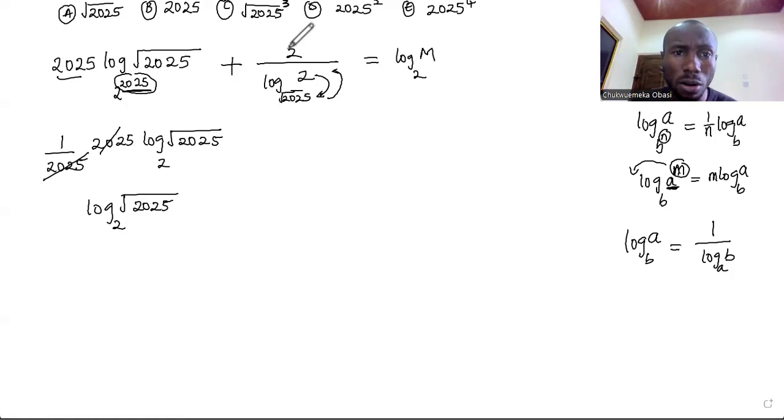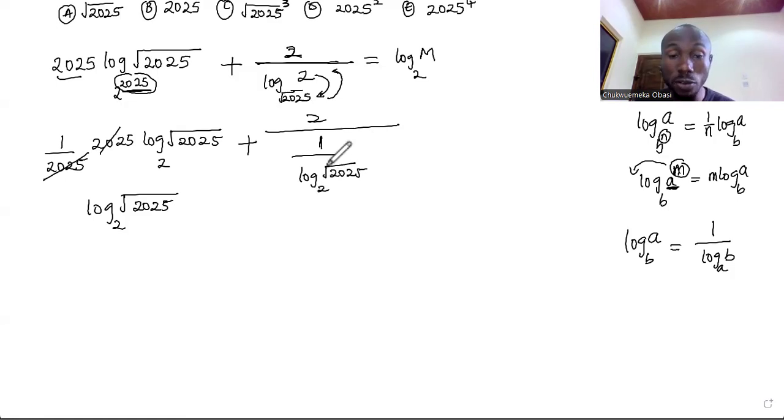Just forget about the 2 here. So that becomes 2 upon, so let's switch this, that becomes 1 upon log square root of 2025 base 2. Perfect. We have just switched the base to become the input and the input to become the base.